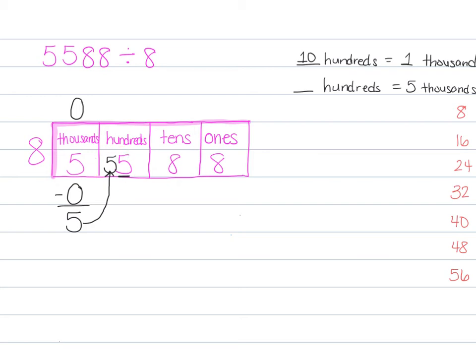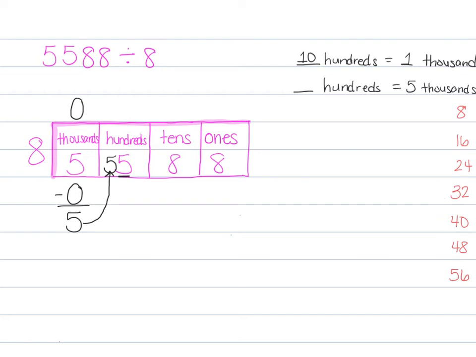So 55 divided by 8. We know that 55 is between 48 and 56, so we have to stop when we get to 48. 8 times 1, 8 times 2, 8 times 3, 8 times 4, 8 times 5, 8 times 6.